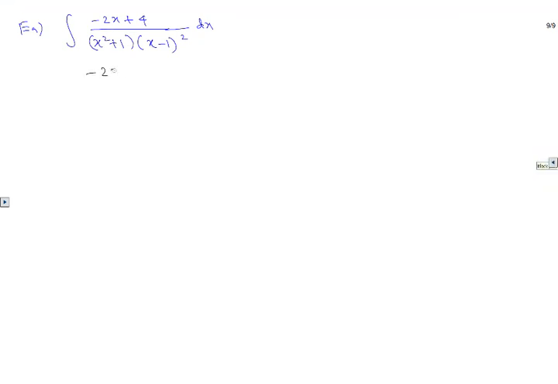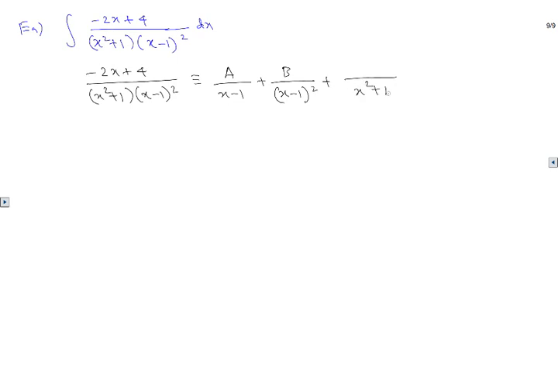The form is negative 2x plus 4 over x squared plus 1 times x minus 1 squared. This is identical to, we write the repeated terms first: a over x minus 1 plus b over x minus 1 squared, and here we have x squared plus 1.